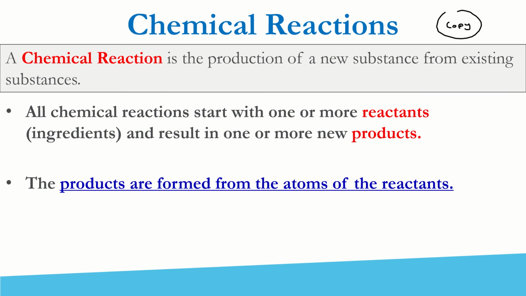So what we're talking about is the ingredients, and it will result usually in one or more new products, which is what we're trying to produce. So if you think of like if you're cooking, if you're trying to bake a cake, you need eggs, you need flour, sugar. Those would be your reactants, and the end product, what you get, is the cake.